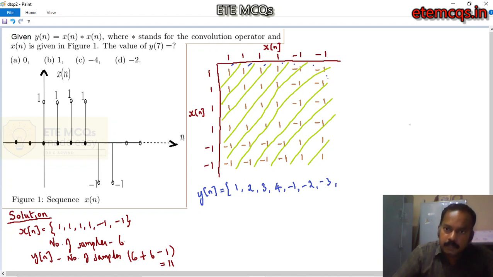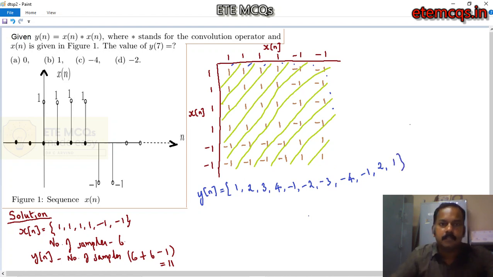Next we have minus 4: minus 1 plus minus 1 plus minus 1 plus minus 1 is minus 4. Next you have minus 1 plus 1 is 0. You have a minus 1. Finally 1 plus 1 is 2 and then a 1.